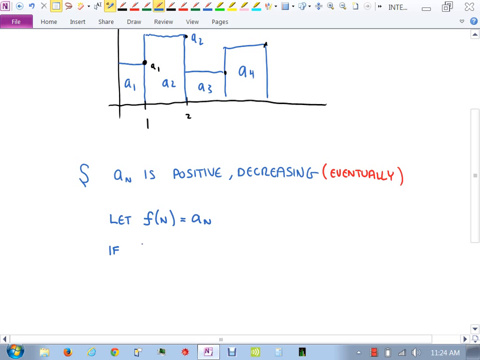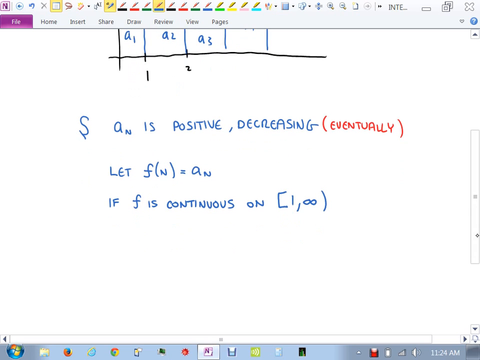Then if f is continuous on 1 to infinity and readily integrable, then we have the following.